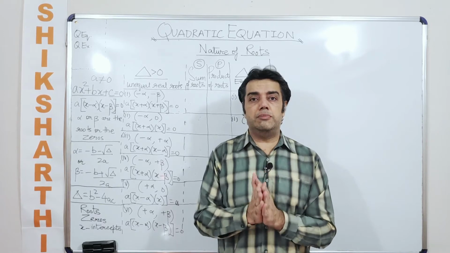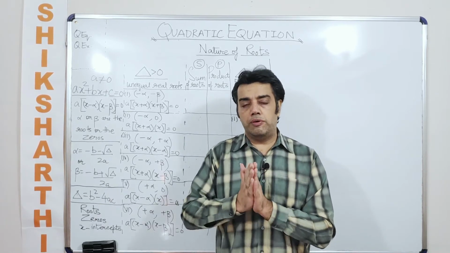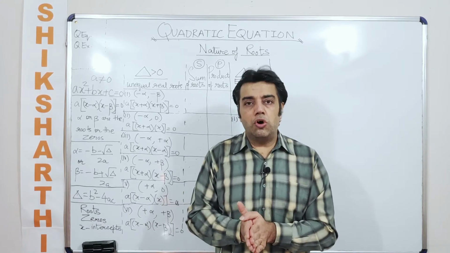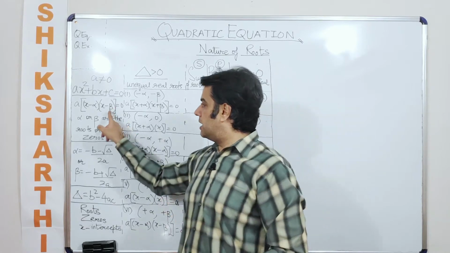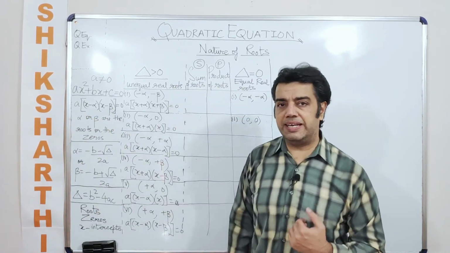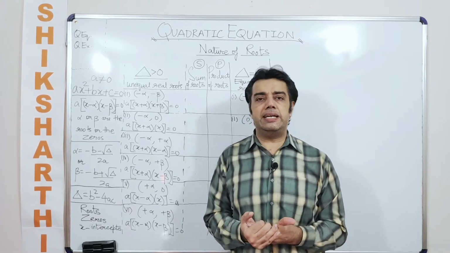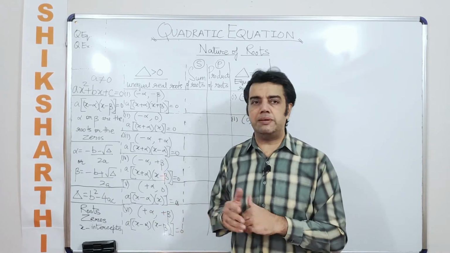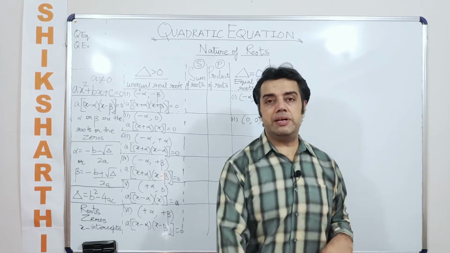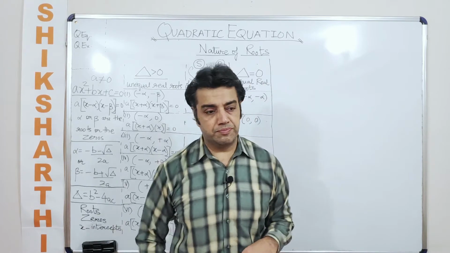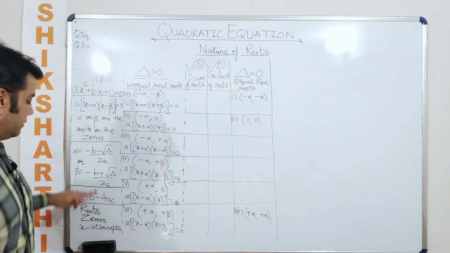This we are talking about if alpha or beta are the roots of a quadratic equation, or if x minus alpha and x minus beta are the factors of a quadratic expression. In that case, the quadratic expression will be written like a times of x minus alpha into x minus beta, and the quadratic equation will be written like a times of x minus alpha into x minus beta is equal to 0.